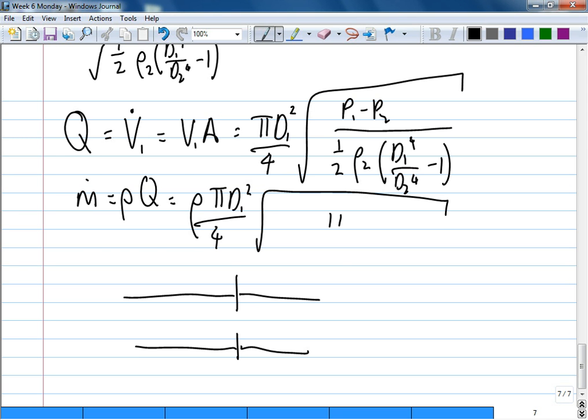Okay. So this one was for the Venturi tube. Actually, orifice plate. Normally you measure the pressure just before the plate and just after the plate. Flow going this way.